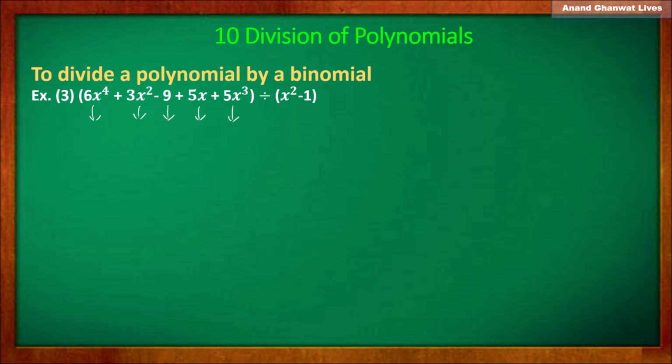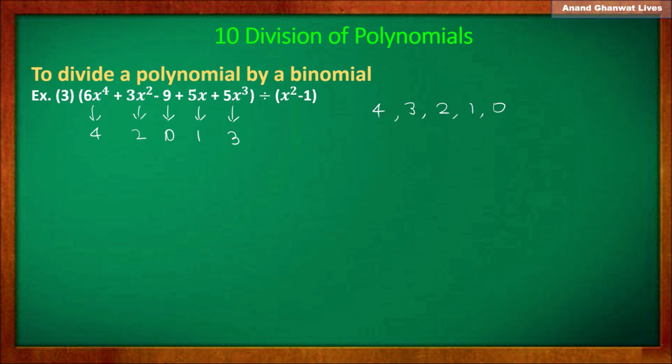In the given polynomial, indices are 4, 2, 0, 1 and 3. Now we observe here that indices are not according to the decreasing order. So indices should be in the order of 4, 3, 2, 1, 0.